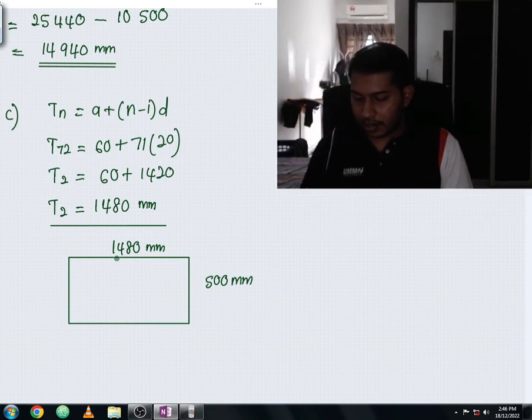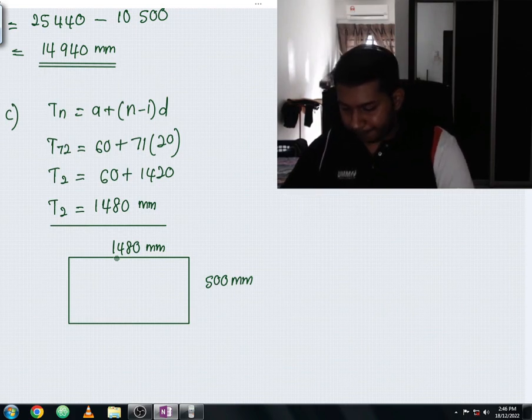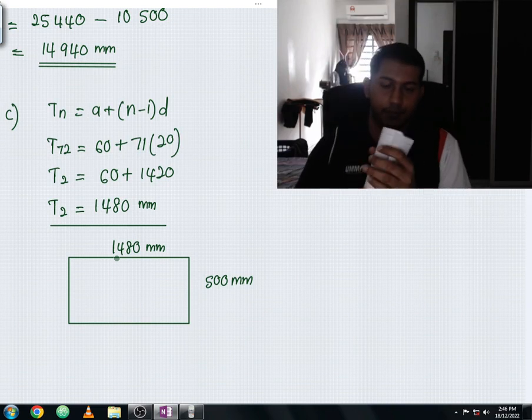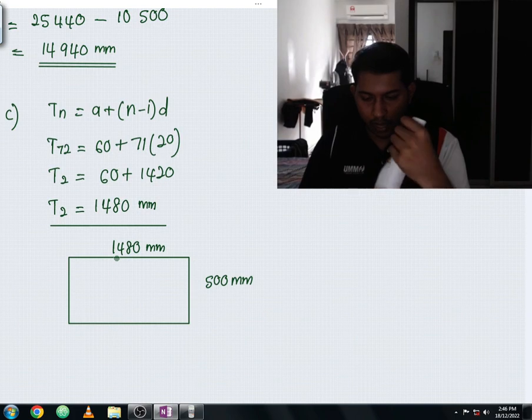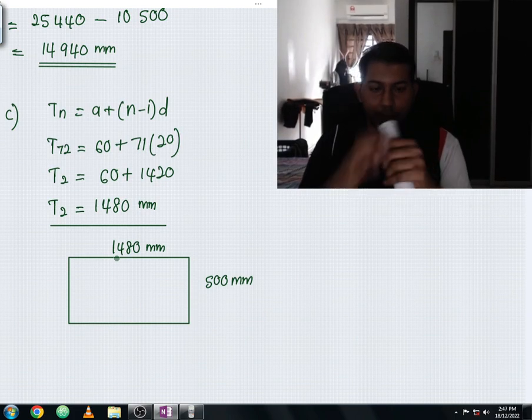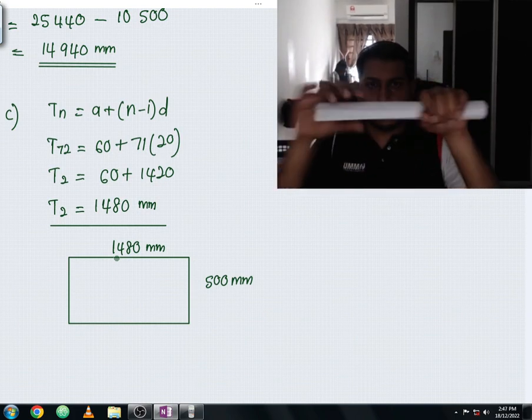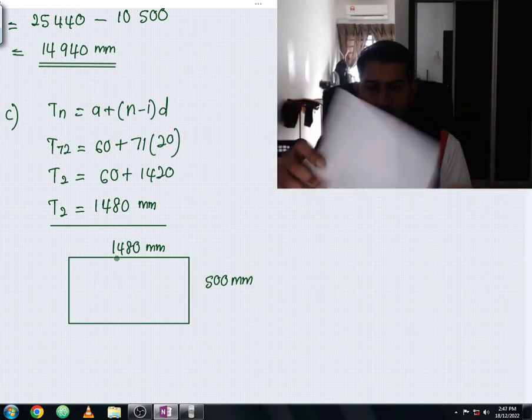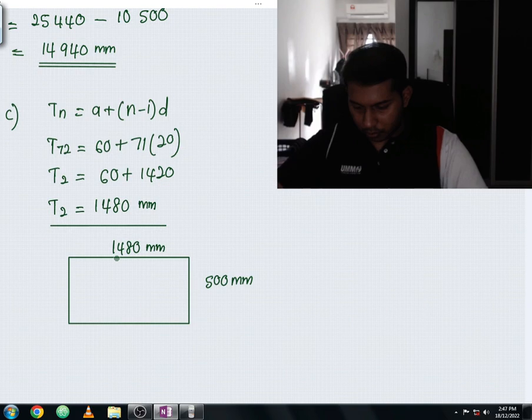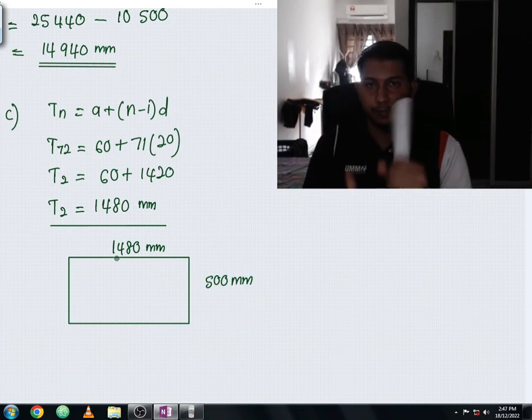Just take this as a paper and then you roll it like this. A rectangle paper, you roll it as a cylinder.